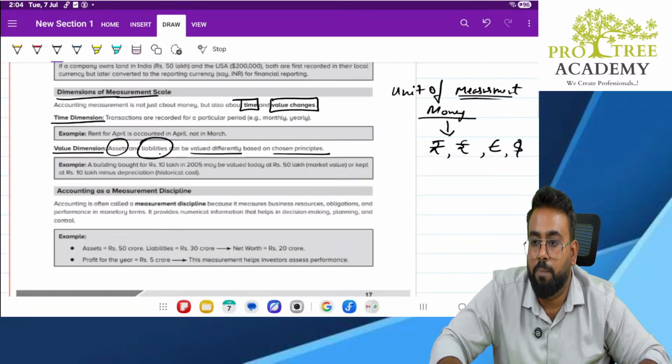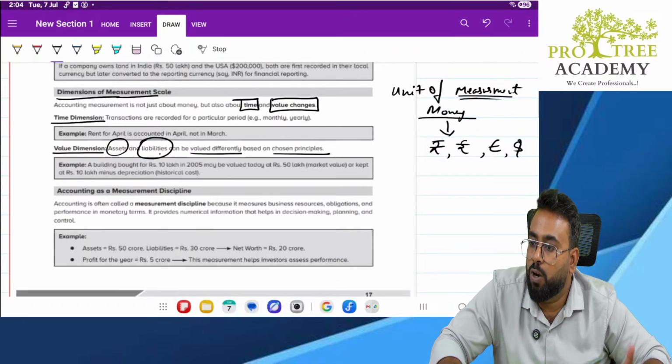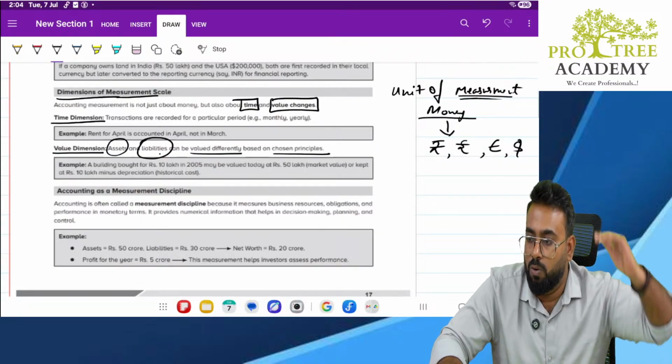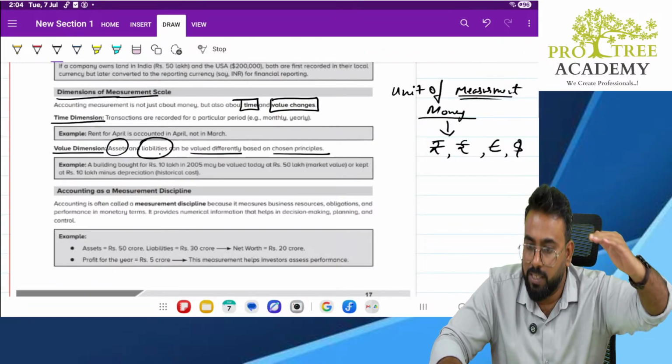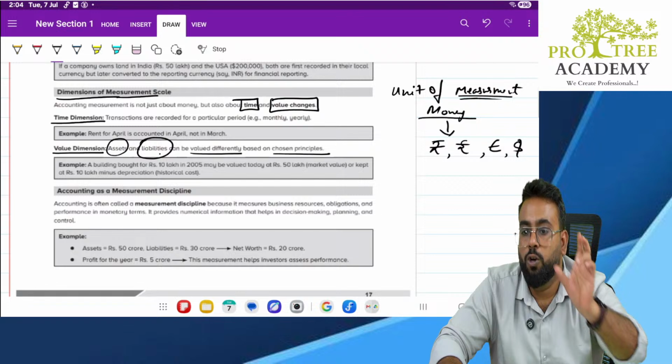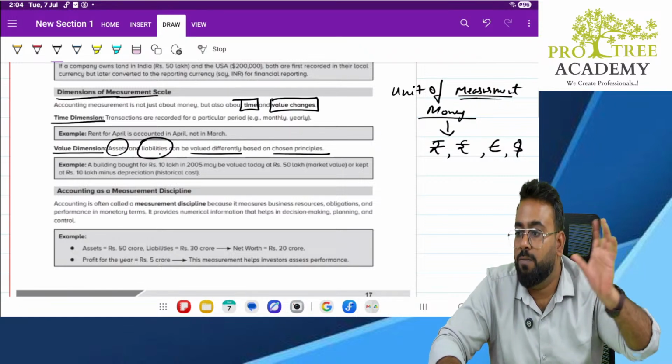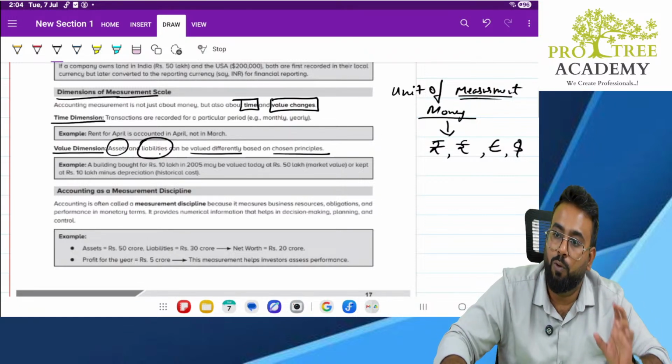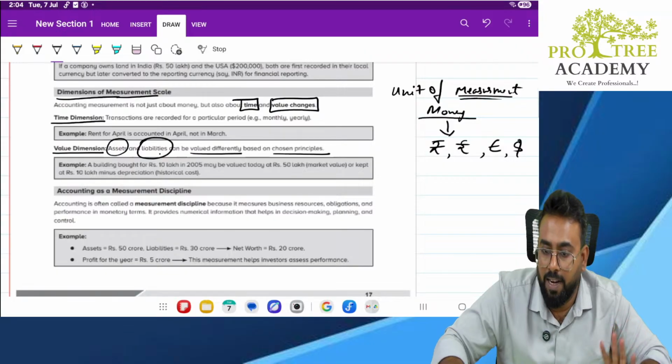Say I constructed a building for 1 crore. Every year I kept on depreciating it. Say now 5 years have passed, and 50 lakhs has been depreciated. The book value of the asset, meaning the original cost minus depreciation, is now 50 lakh rupees.